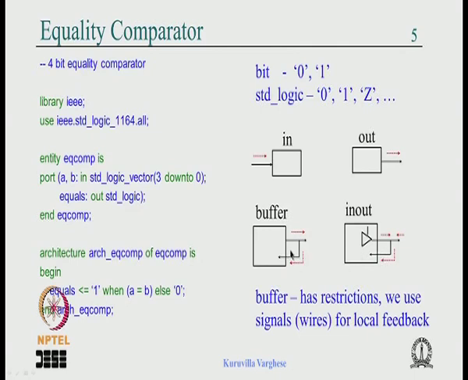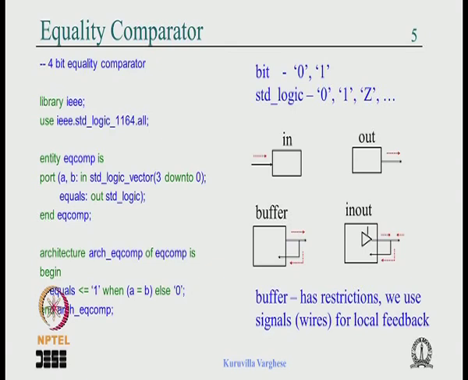So there is a difference between this structure and this, and you should not use in out for out or buffer, okay. I have seen sometimes people use out and something goes wrong, and they somehow find that if you write in out that can be circumvented because of some kind of simulator difficulties. Maybe at the appropriate time I will tell. People tend to use in out where in out is not meant to be used, okay.